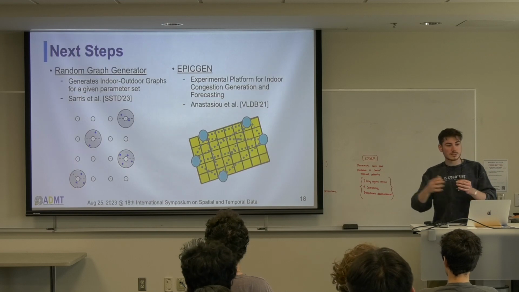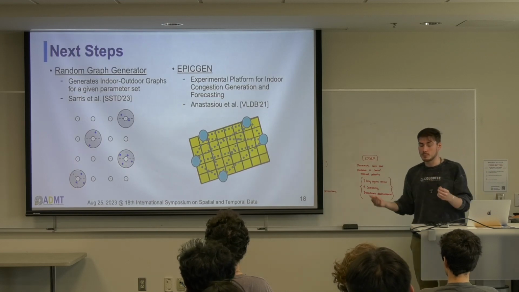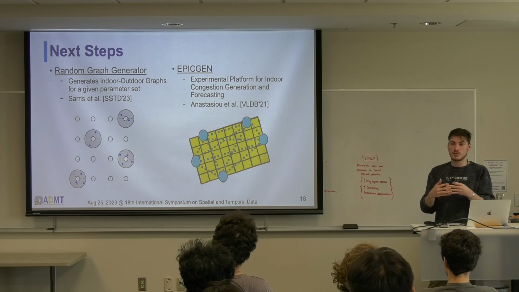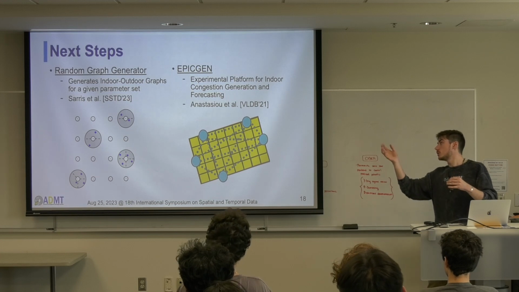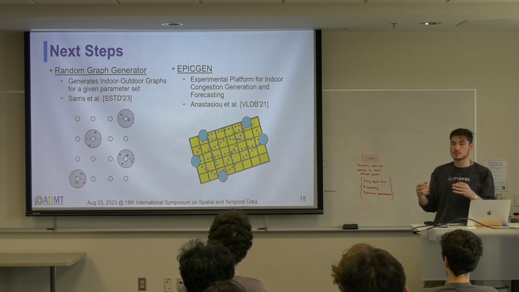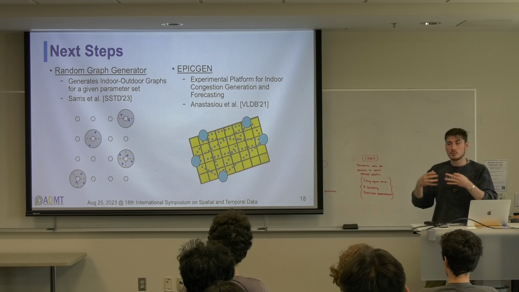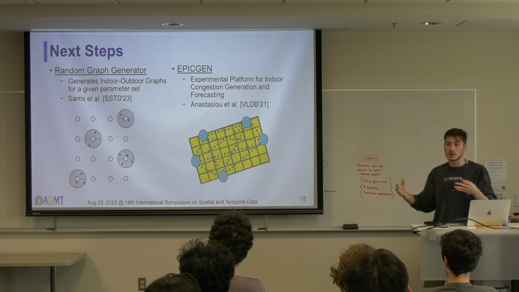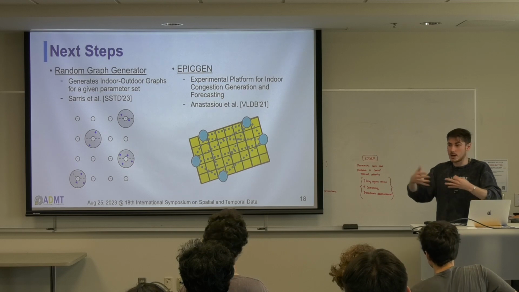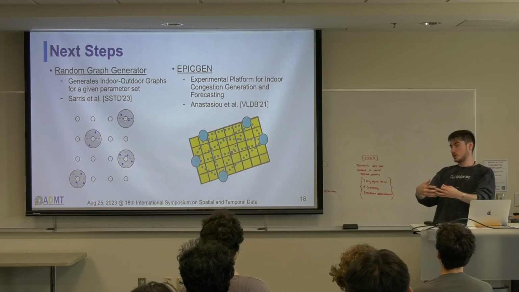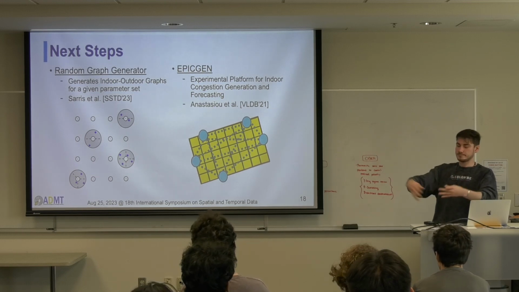Now the next steps that maybe you could be a part of are with creating and generating randomly generated indoor-outdoor graphs, making this more usable to people. Making a whole indoor-outdoor graph representing maybe the entire campus is a really costly and time-costly thing, right?